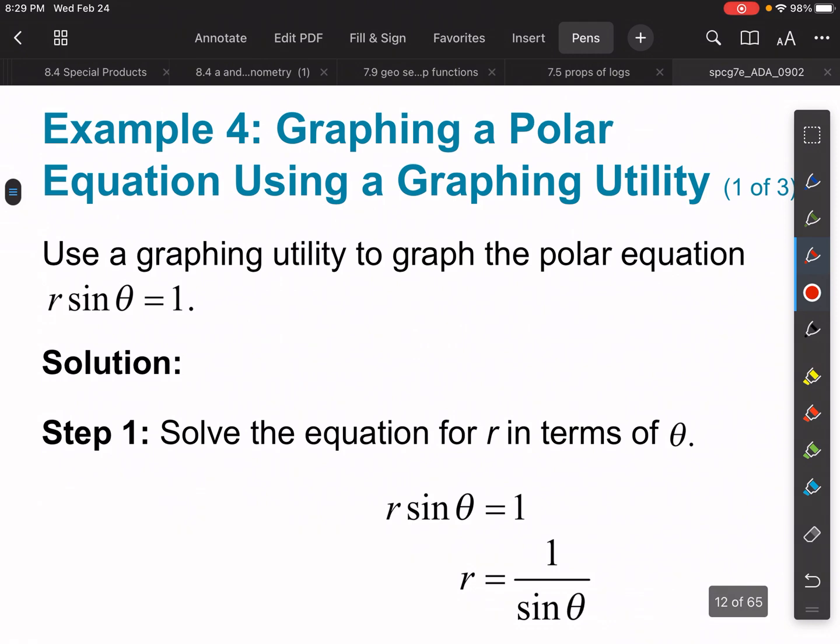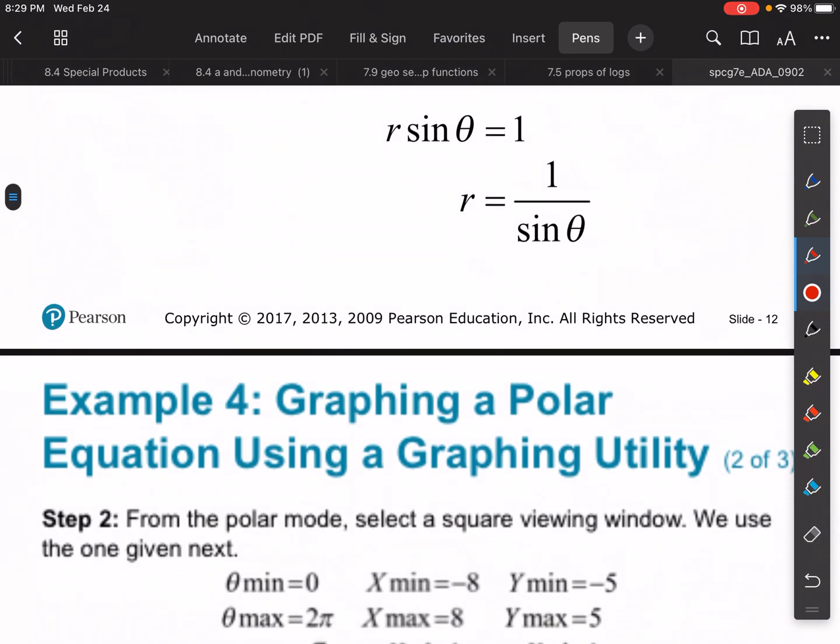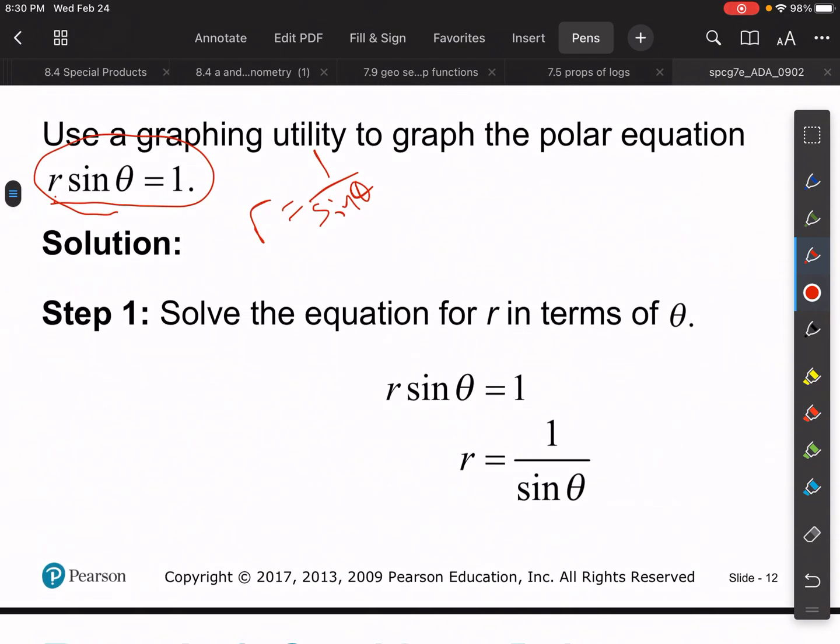So example 4 says we're going to graph a polar equation using a graphing utility. So they want you to graph r sine of theta is equal to 1. What they want you to do is solve for r. This is the same thing as r equals 1 over sine of theta. And again, you can go on Desmos and do this. If you do this one, it's not going to be very exciting, but some of the ones to come will be exciting.